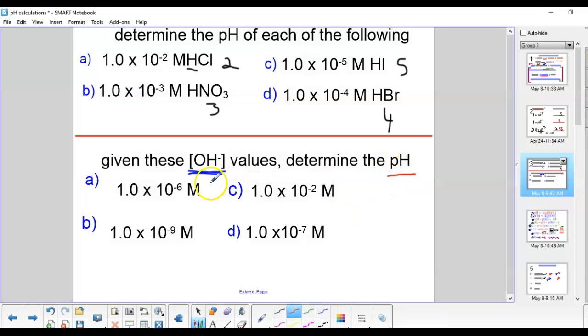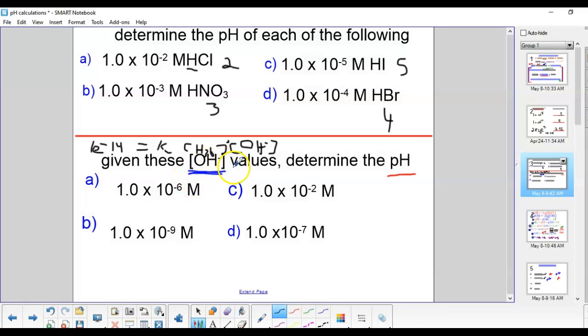Now remember, Kw says that the hydronium times the hydroxide always needs to equal 1 times 10 to the minus 14.